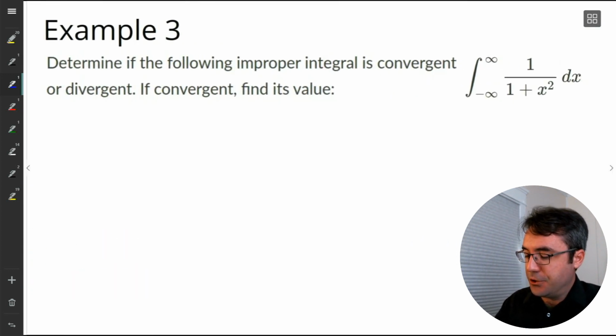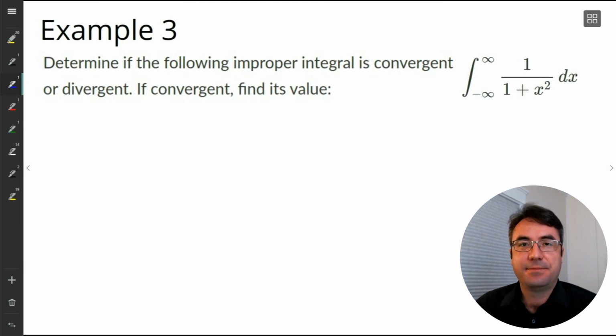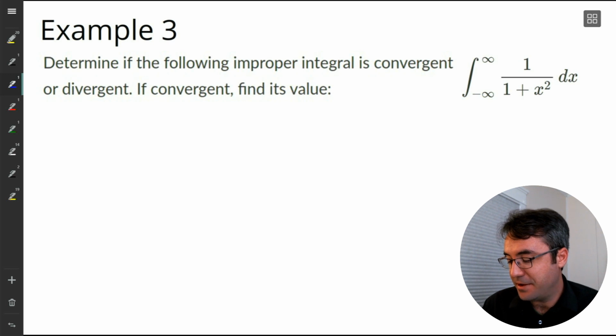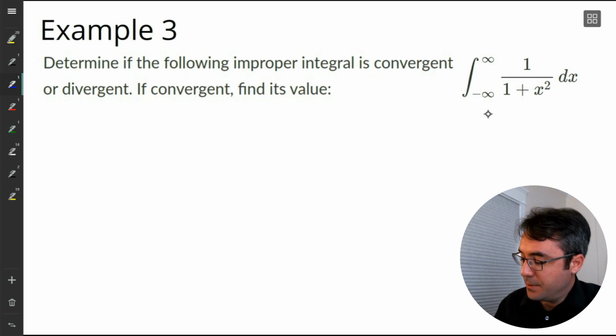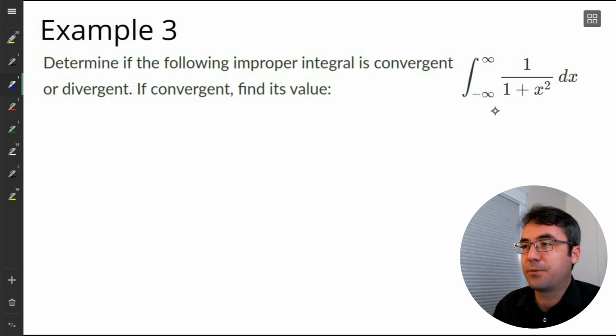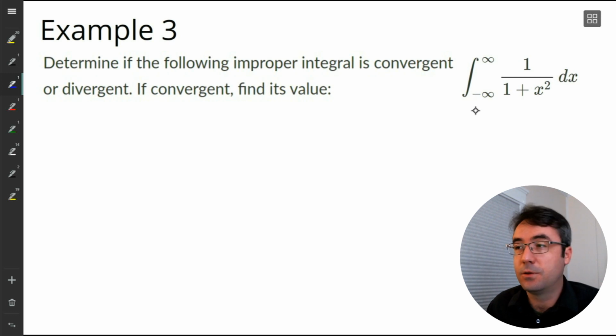Let's actually get into an example. So let's determine if the improper integral is convergent or divergent, and if it's convergent, let's find its value. So here we see one of those improper integrals where we're looking at all real numbers. We're trying to integrate this function over all real numbers from minus infinity to infinity.